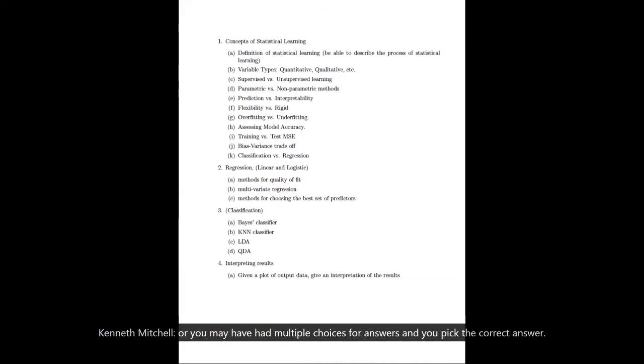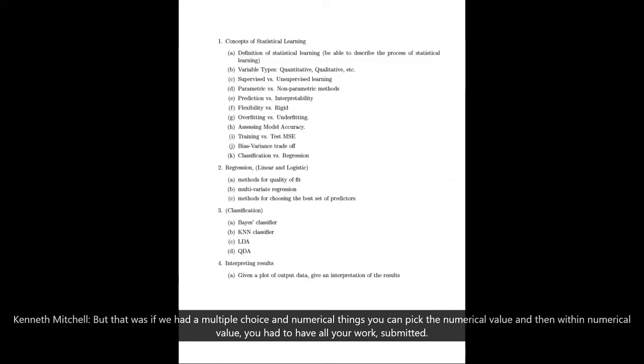Or you may have had multiple choices, and you pick the correct numerical value, and then you had to submit all your work.